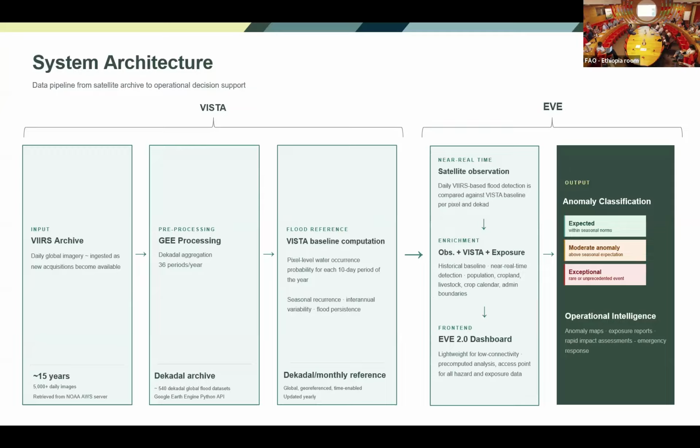Then I take off my VISTA hat and put on my EVE hat very quickly to show that we're building a system that constantly monitors floods on a daily basis. It will use VISTA to apply a kind of anomaly classification at the pixel level to extract the exceptional flooding, overlay that with other vulnerability and exposure information, and disseminate this data publicly.